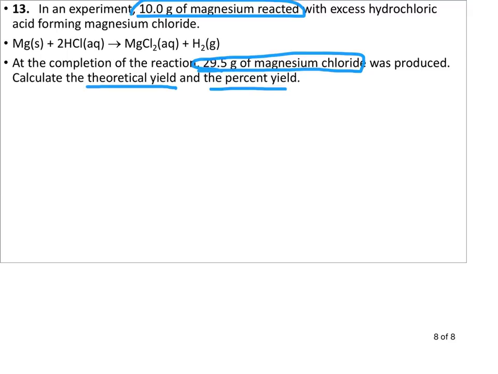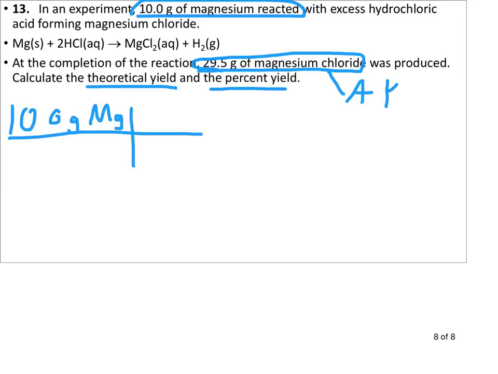So this is our actual yield. But we got to figure out our theoretical yield. So we start with it using a little stoichiometry, 10.0 grams of the magnesium, and change it to moles.